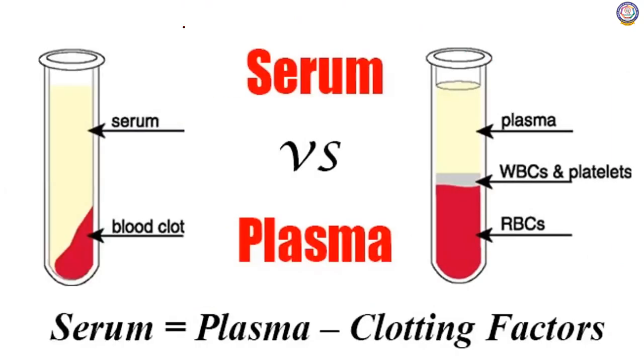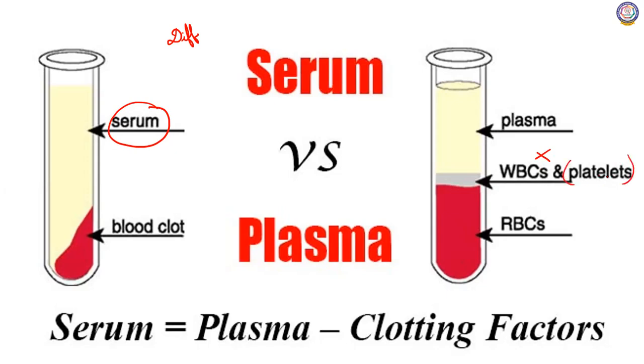And now another difference based question. Differentiate between serum and plasma. It's a very important question, the difference. When I say plasma, the plasma constitutes WBC, platelets and RBC. When you say serum, this part will not be there.